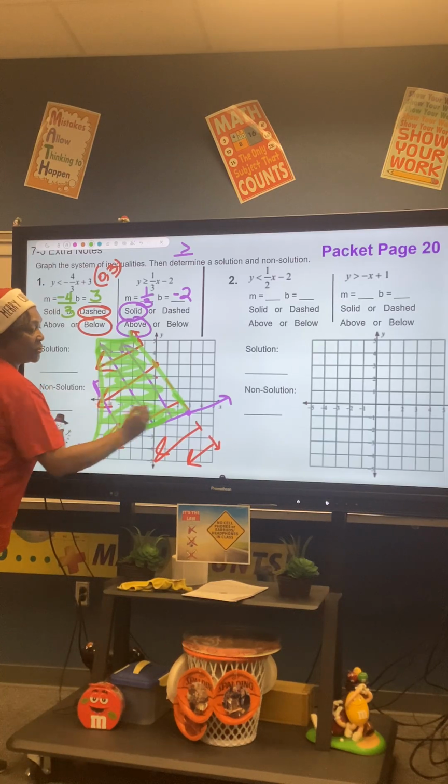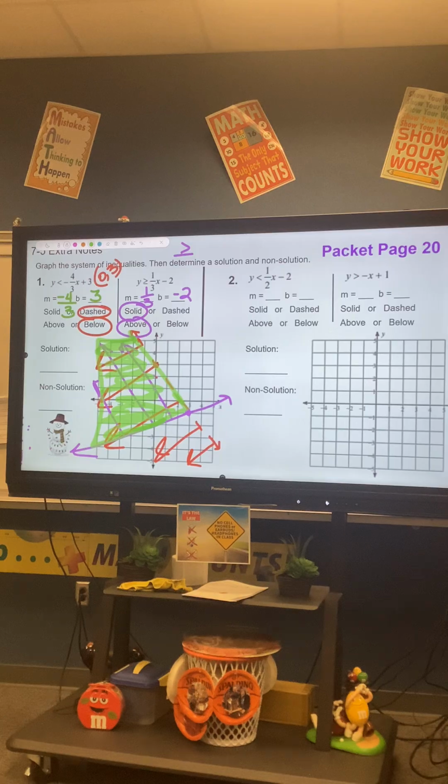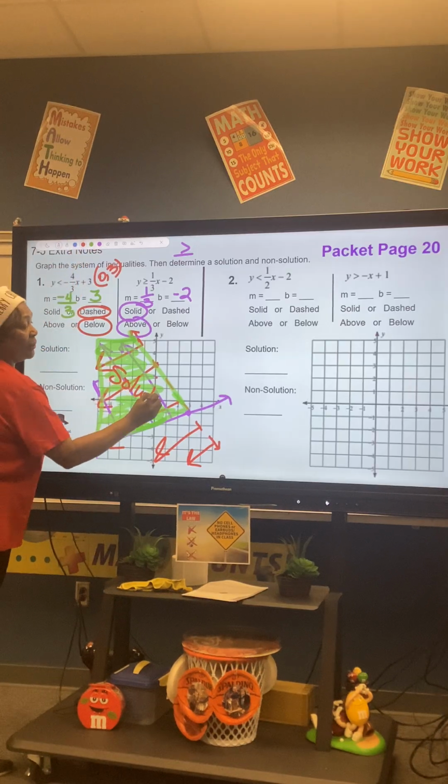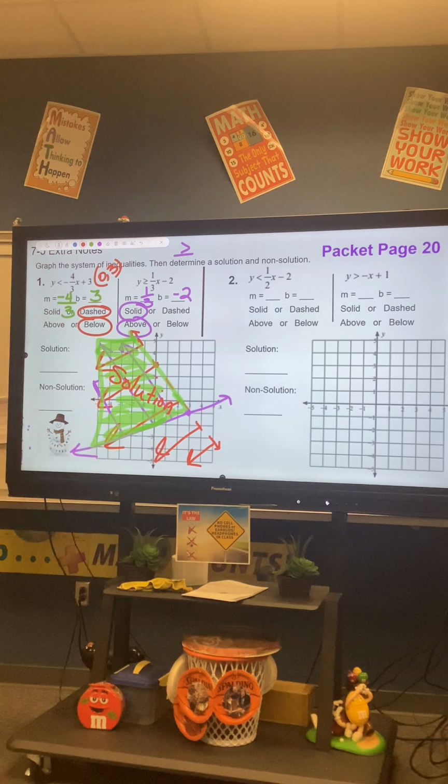That's when your colors should start mixing. All of your solutions, whatever solution you decide to give Ms. Mitchell, should be right here in the double shaded region. That's it, that's all. Ain't no extras. Okay, we did this in October.